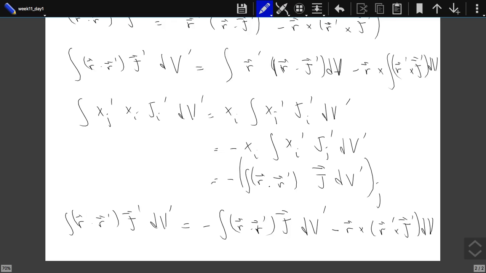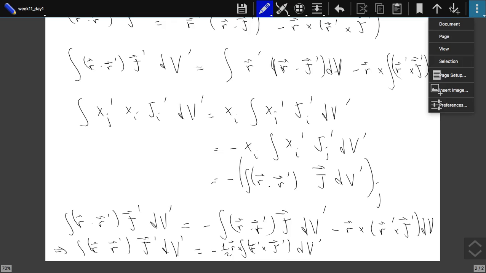Well, just move the first term on the right-hand side to the left-hand side. They're equal. So eventually we obtain that the integral of r dot r prime j prime dv prime is equal to minus 1 over 2 times r cross the integral of r prime cross j prime dv prime.